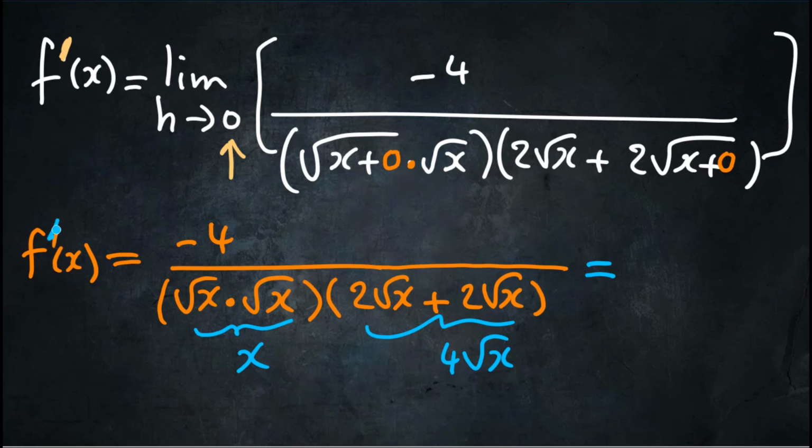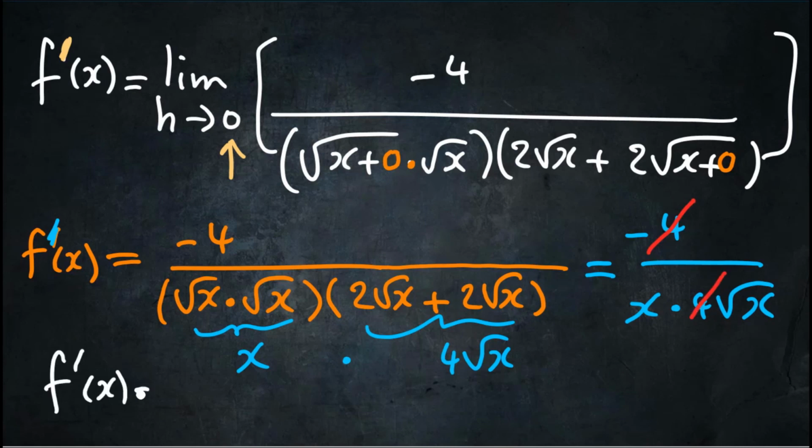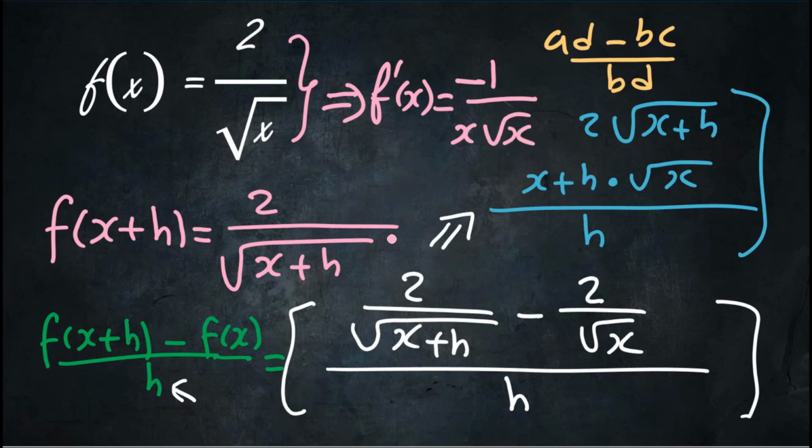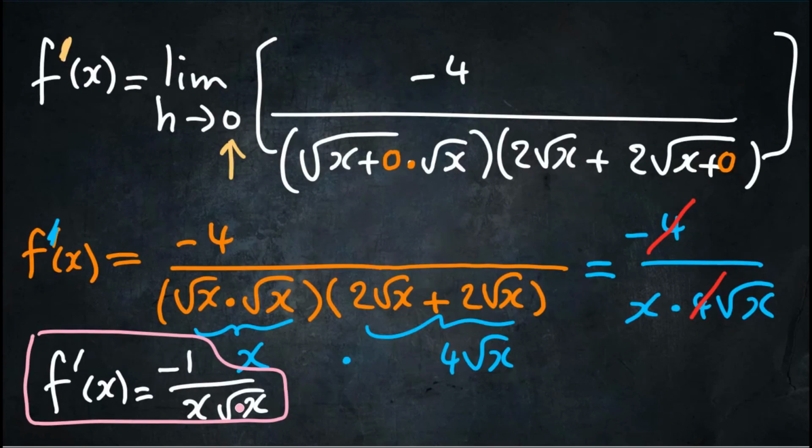So f prime of x is minus 4 over x times 4 root of x, and we cancel out the 4's, so the derivative is minus 1 over x root of x. The function 2 over root of x has the derivative minus 1 over x root of x.